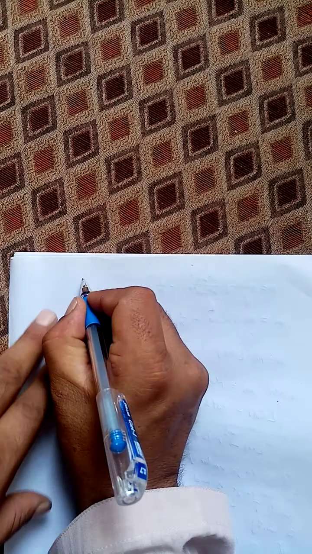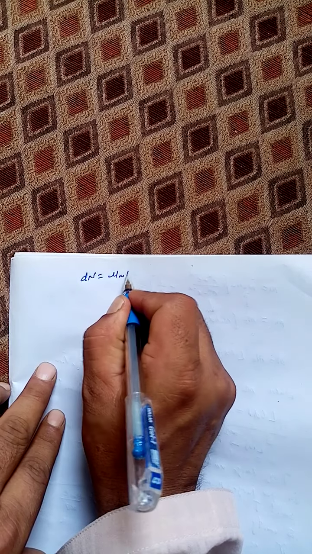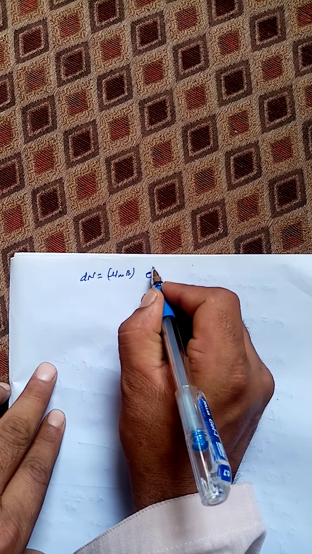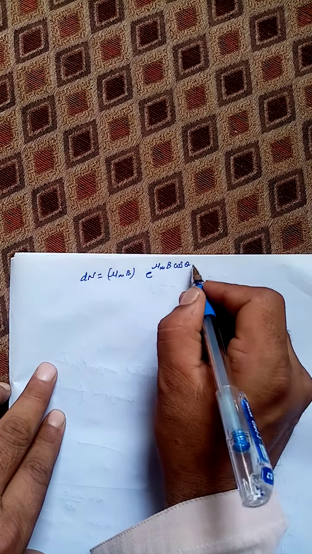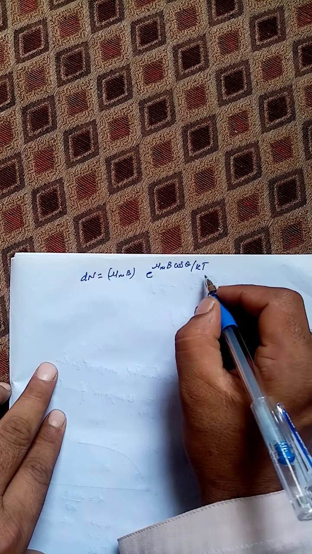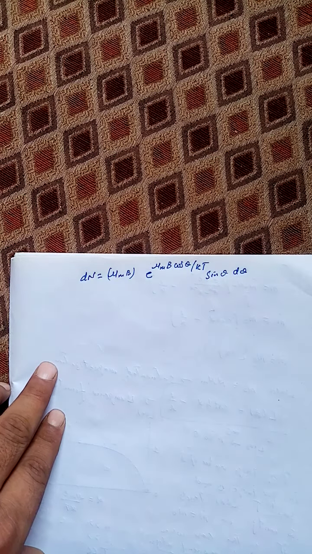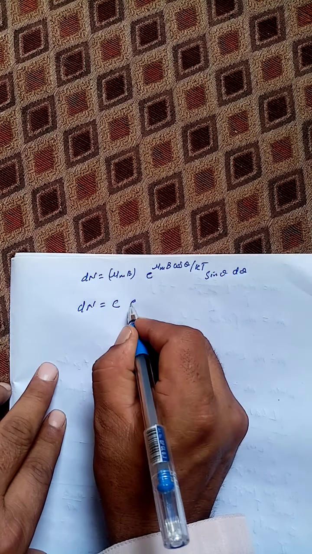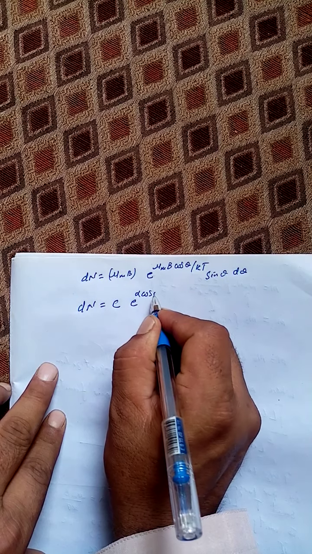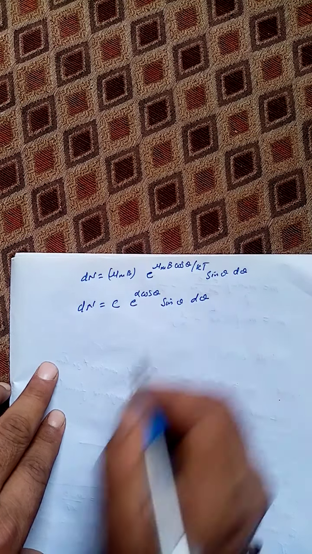So the final expression is dN equals mu m B e raised to the power mu m B cos theta over kT, and then we have sine theta and d theta, which I can write like this: dN equals C e raised to the power alpha cos theta, and then we have sine theta and d theta.